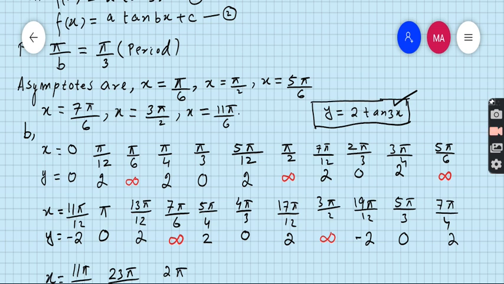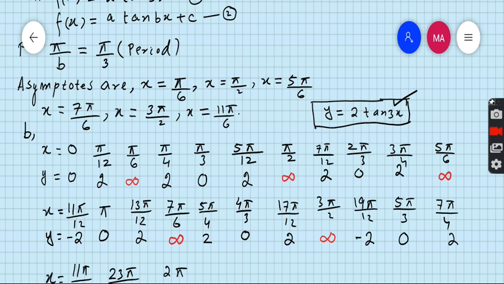And then we have to take the interval in order that all asymptotes should be included. So if I take pi by 6 after 0, then this is not good because pi by 6 is an asymptote. So we have to start from pi by 12.